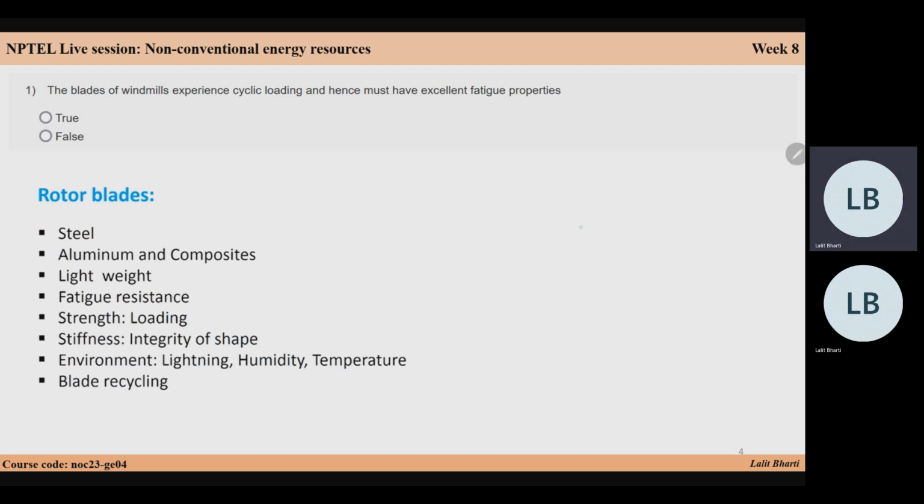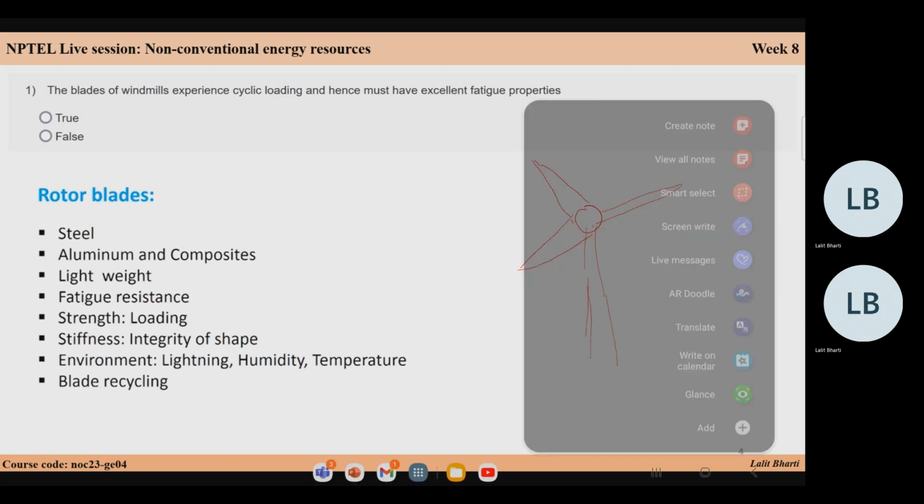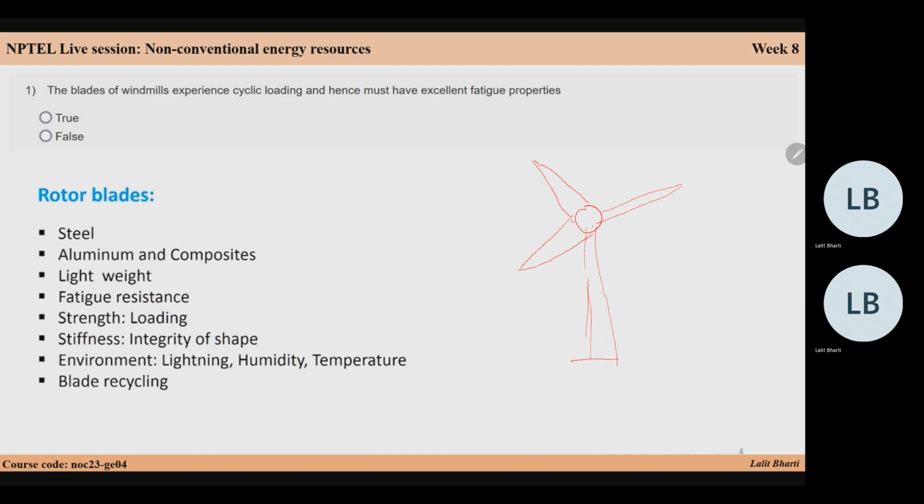If we have a windmill with blades, they go through harsh conditions: they rotate at high speeds and face various weather and climate conditions.